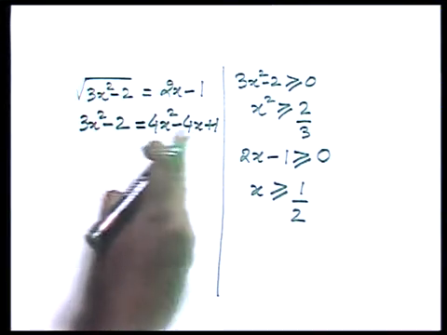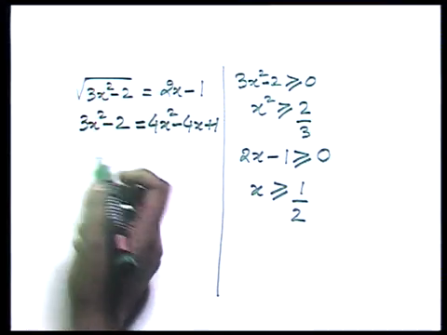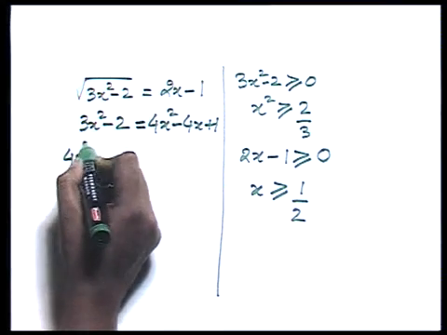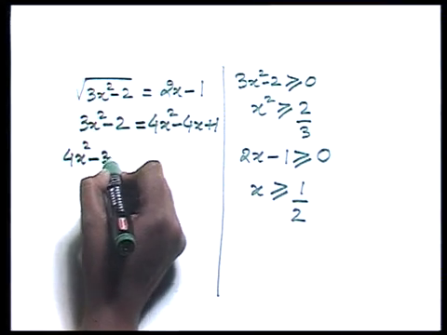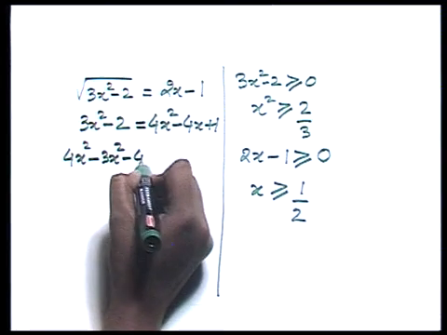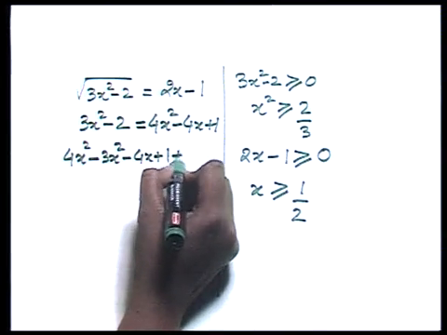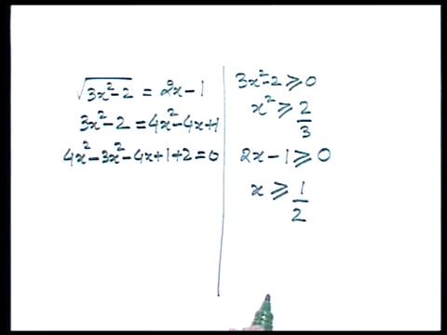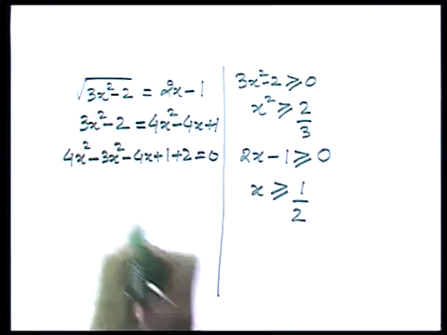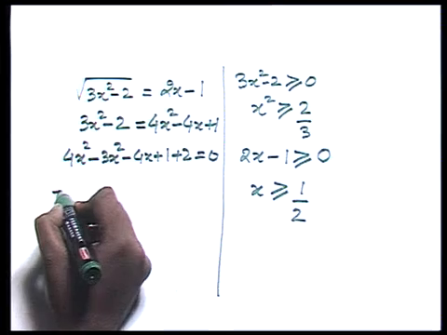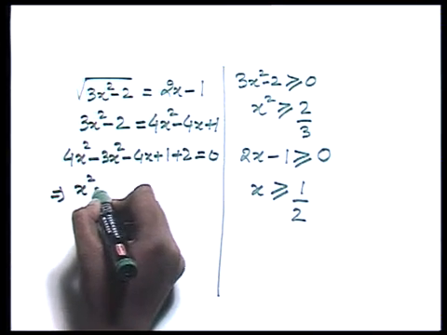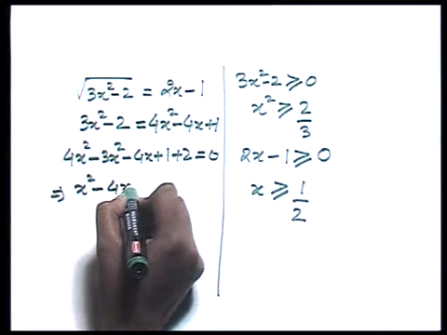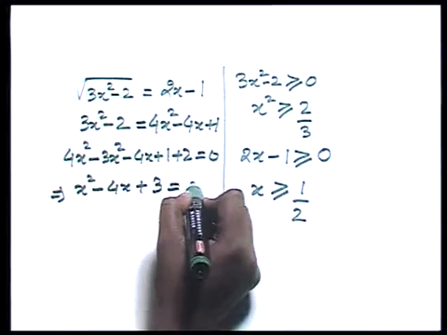Taking these terms to the right hand side of the equation, we get 4x^2 - 3x^2 - 4x + 1 + 2 = 0, which can be further simplified, and we get the final equation as x^2 - 4x + 3 = 0.